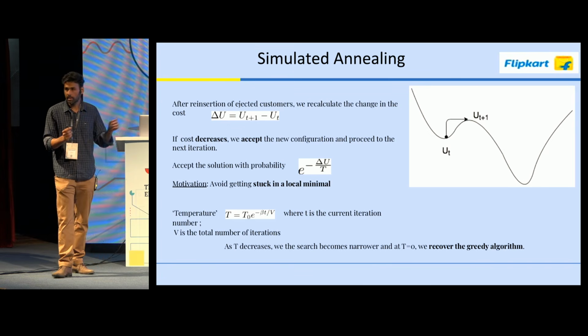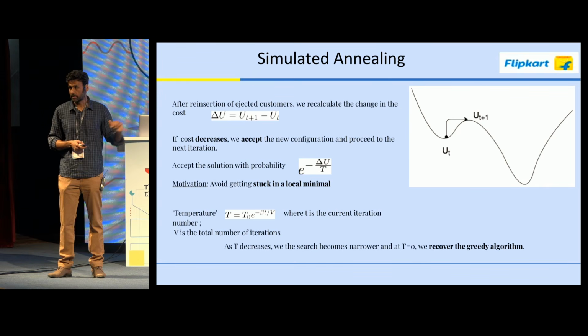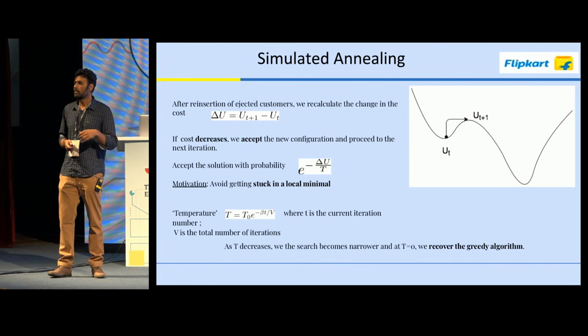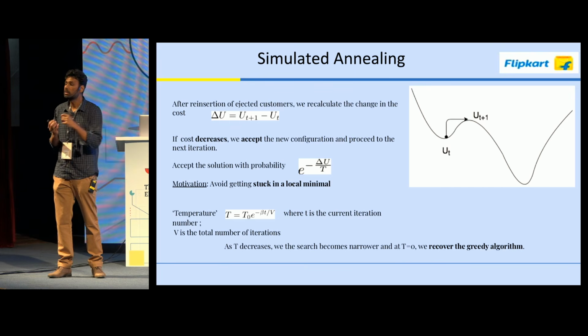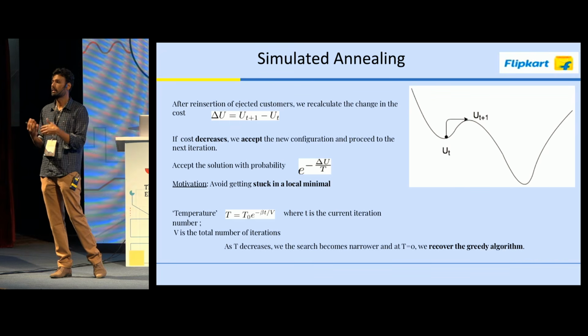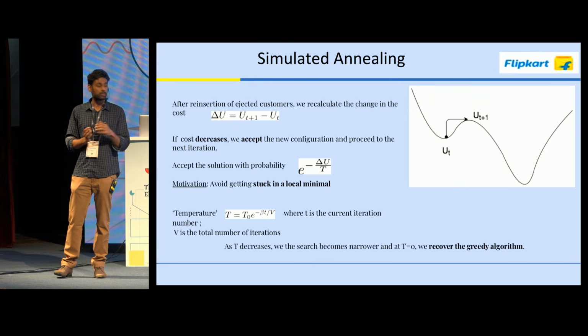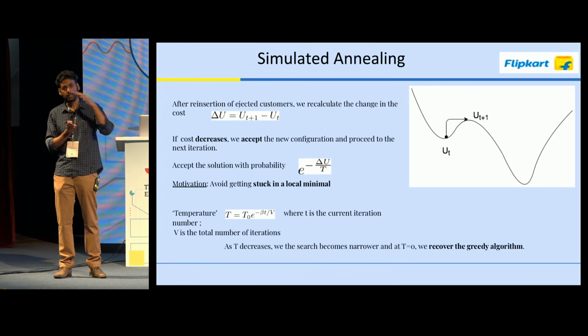And so what you have is that you accept something with a probability given by e raised to minus delta u over t. The t is again a hangover from physics. It represents the temperature, but here it's a parameter which, in some sense, tells you how tolerant you are to increases in the cost. So if t is greater, you accept higher values of delta u. Specifically, in simulated annealing, if you have 100 iterations, you start with a large t and then you make it go to 0.